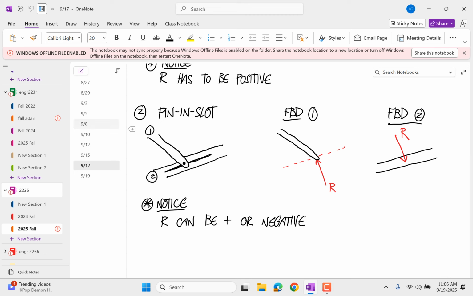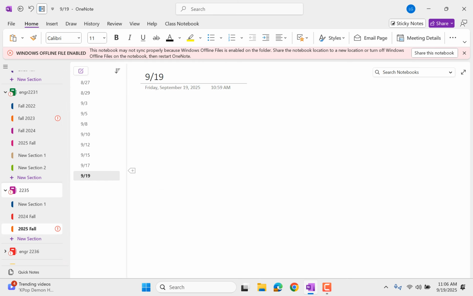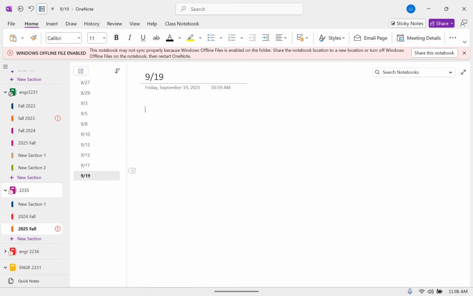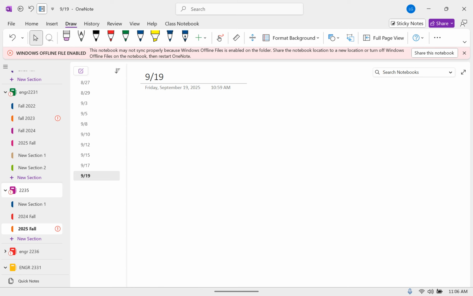Okay, so let's go back to today, and now we're going to get into joint category 2. If joint category 1 restricted 1 degree of freedom and put 1 variable into the Newton's laws equations, now we're going to do 2.